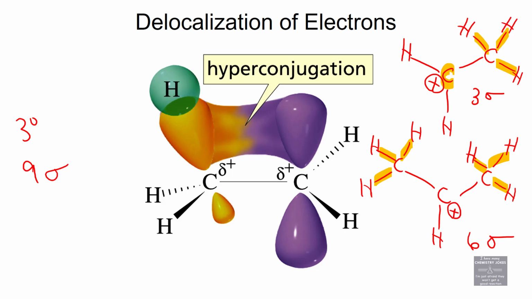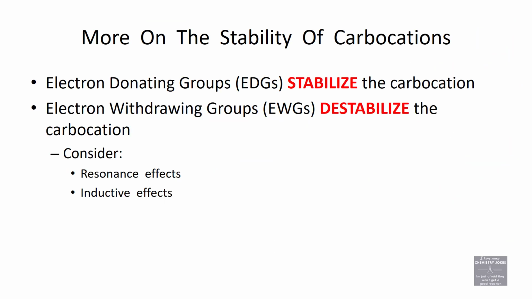Hyperconjugation is kind of a confusing concept, but when I ask you, why is a tertiary carbocation more stable than a secondary, you're going to tell me because of hyperconjugation. Yeah? Okay. So I've told you the class was cumulative, but you weren't quite a believer until I say, remember all that resonance stuff we learned a little while back? Yeah, it's all coming back.